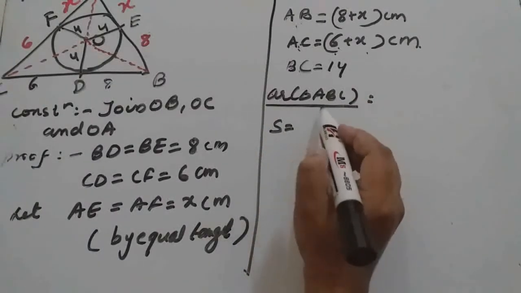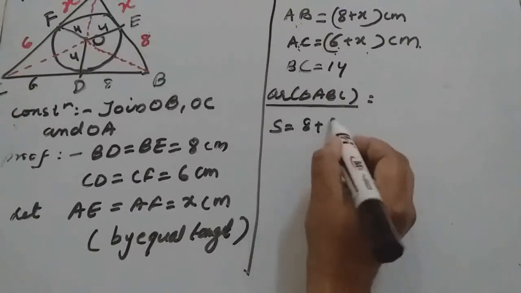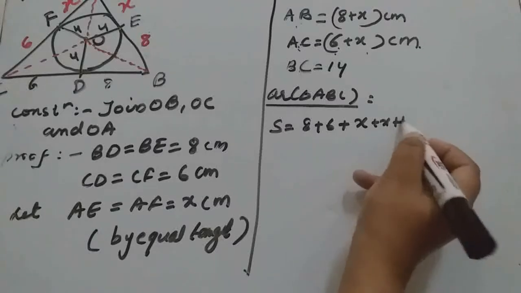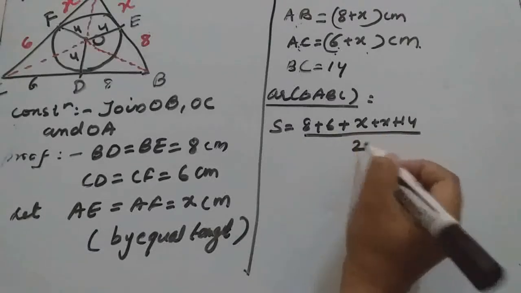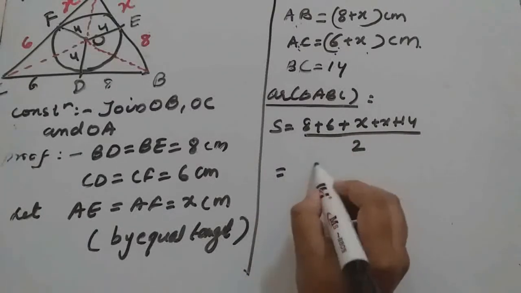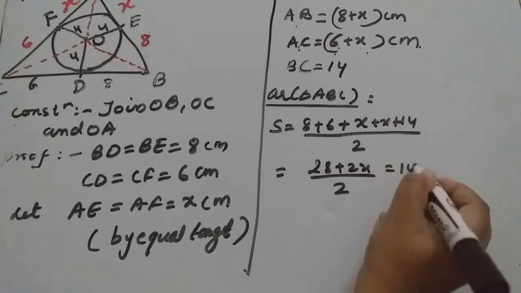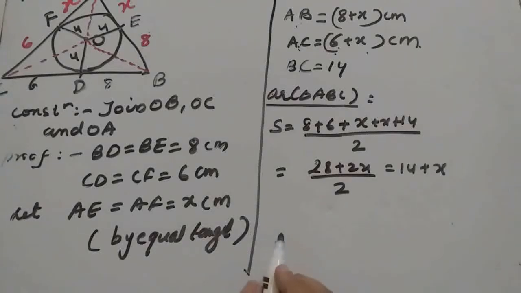S equals the sum of all 3 sides divided by 2, so 28 plus 2x by 2 gives 14 plus x.